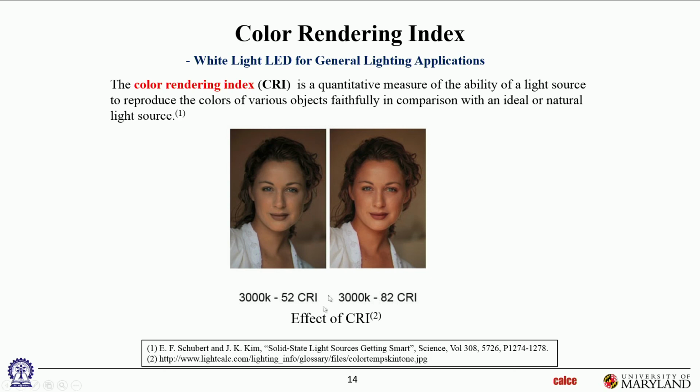You can see a 52 CRI light would make a skin tone look like that. The color of the light is about the same, 3000 Kelvin, but the nature of it has to do with the spectral distribution around that temperature. At 3000 Kelvin, that means the same frequency, but a higher CRI makes your skin tone look different.